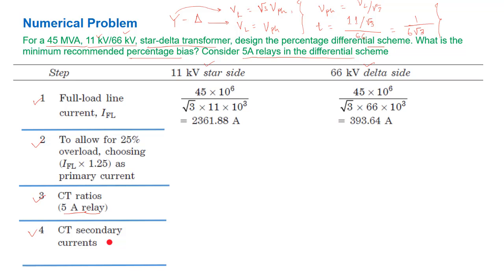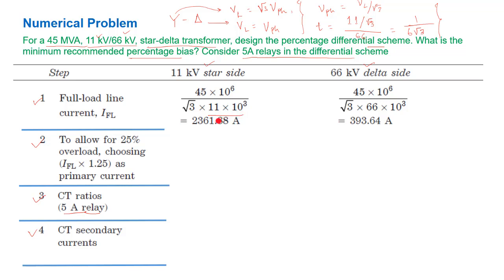So, now if we find the primary side or 11 kV side star side line current, it will be 45 MVA, 45 into 10 to the power 6 by root 3 into 11 kV, because 11 kV is your line voltage.